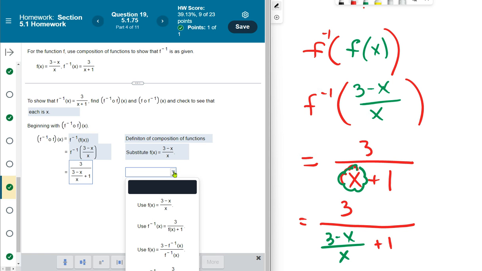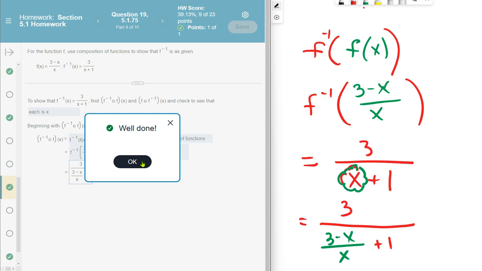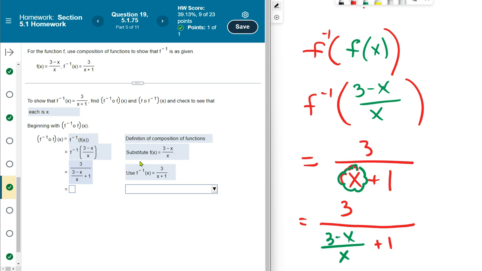Okay, to do that, I used f negative 1, which was 3 over x plus 1. Well done.